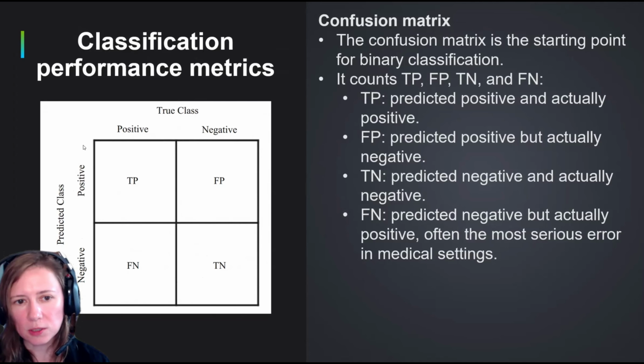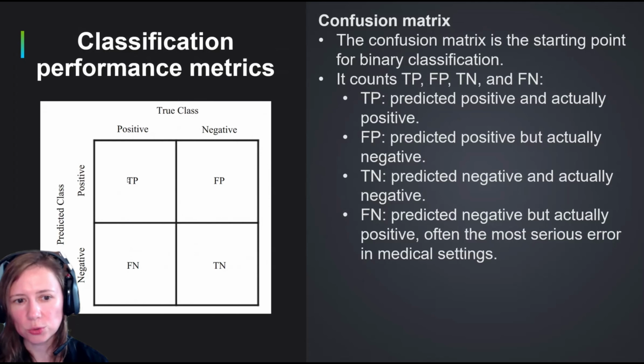So you put predicted and true values on two different axes, and whenever the model makes a correct prediction, you count it in this diagonal axis, right?